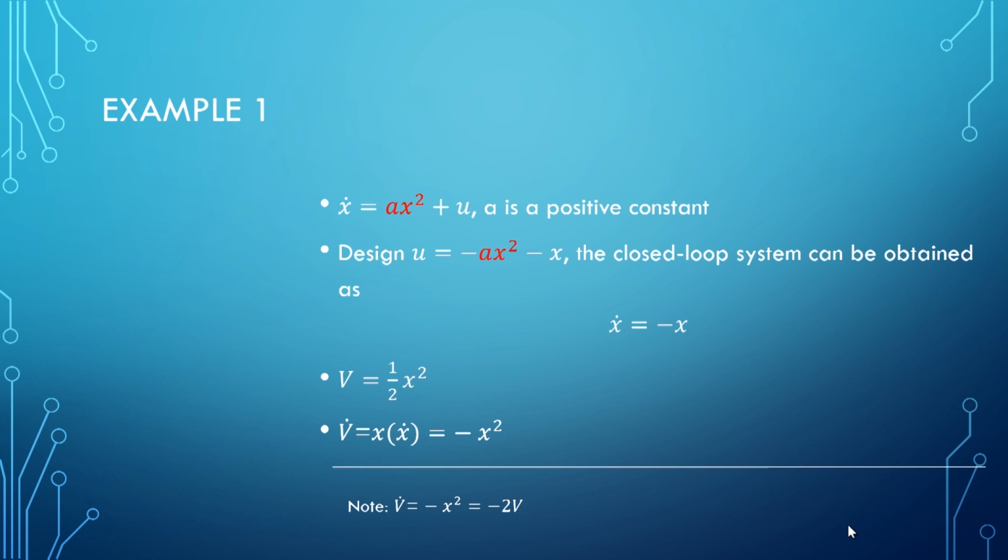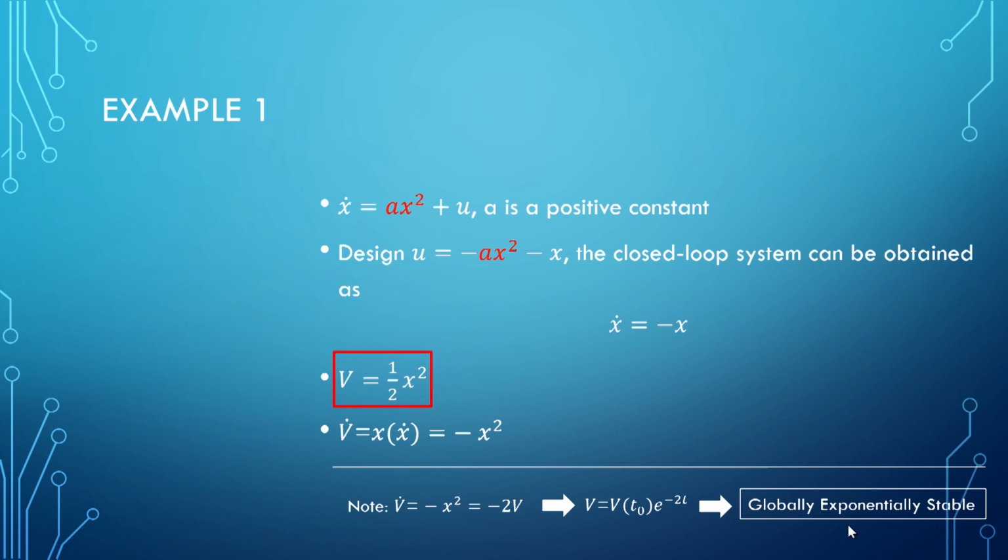And can you further discuss the convergence rate? So here what I did is I took this, and we can find the relation between x and V. The relation between x and V is this. So you replace this x squared by 2V.